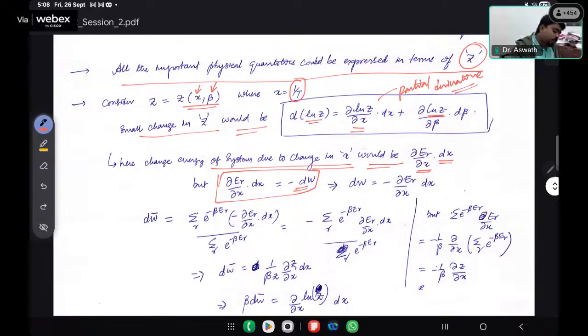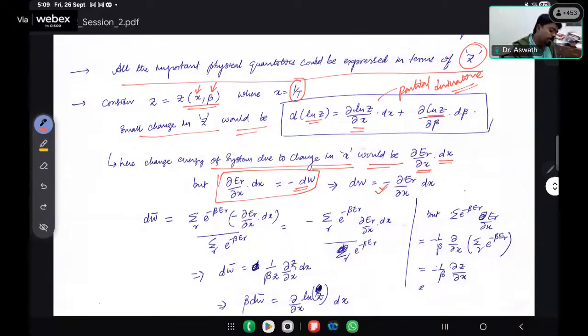Since we are losing the energy because of the work done, there is a minus sign coming in. So I can replace this with the work done wherever we come to that.